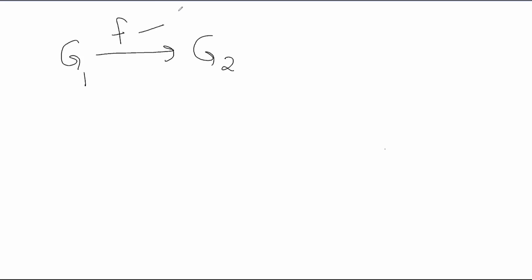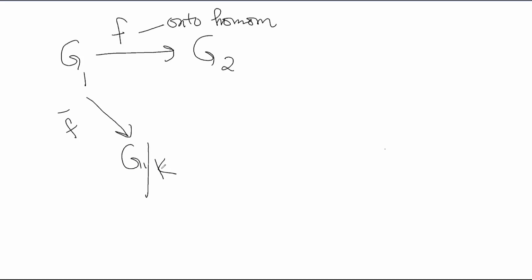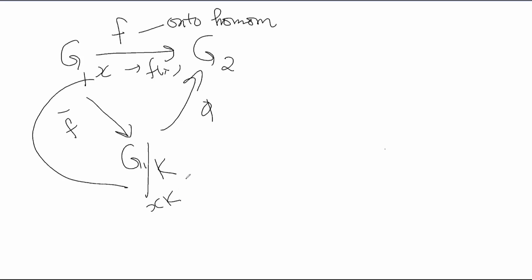Let's take f to be an onto homomorphism. Then we have f bar here, which takes us to the factor group, and this is phi. So x goes to f(x) here, x goes to xK, and here xK goes to f(x).